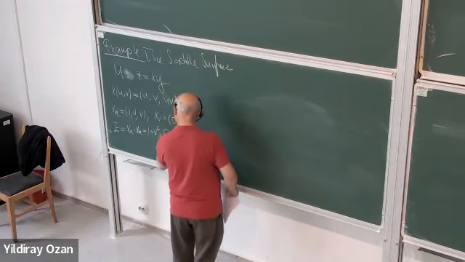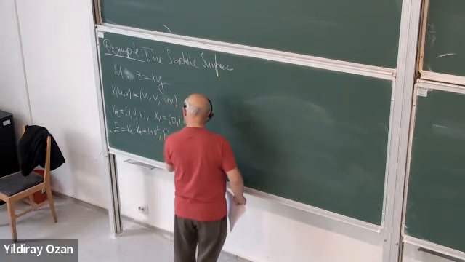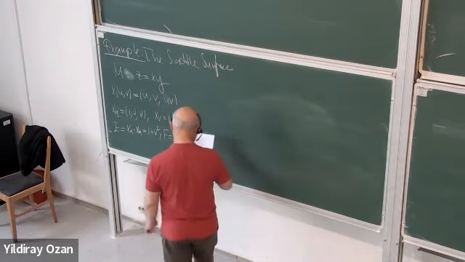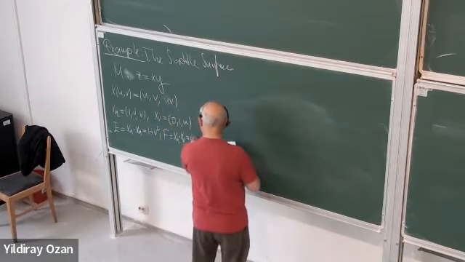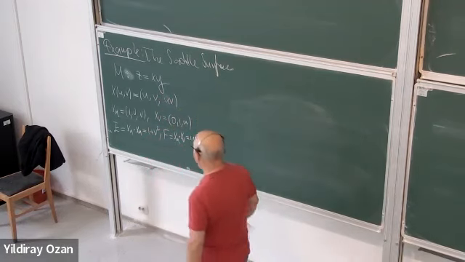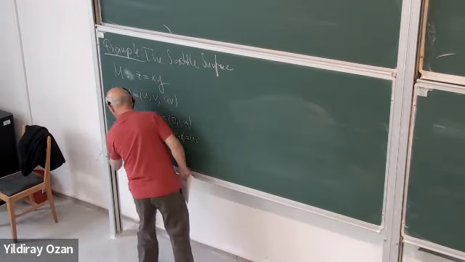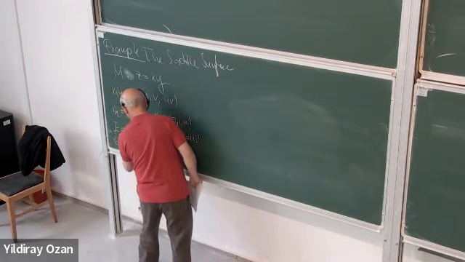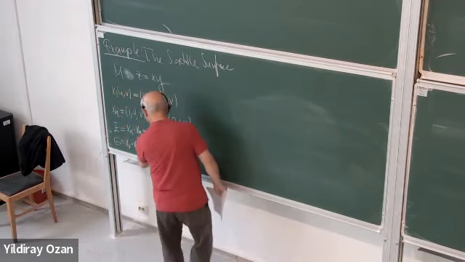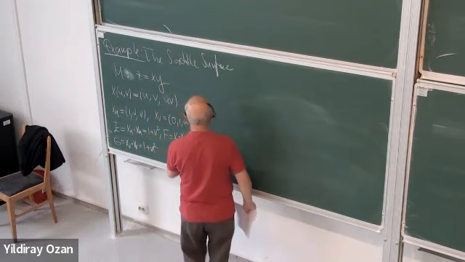F is x sub u dot x sub v, which is in this case u times v, right? And G is x sub v dot x sub v, which is 1 plus u squared.